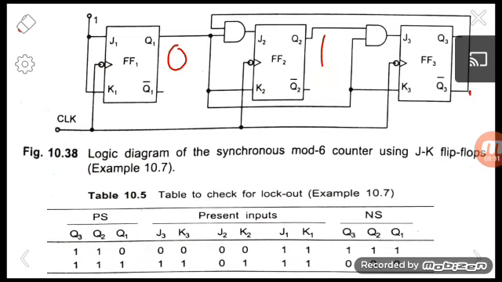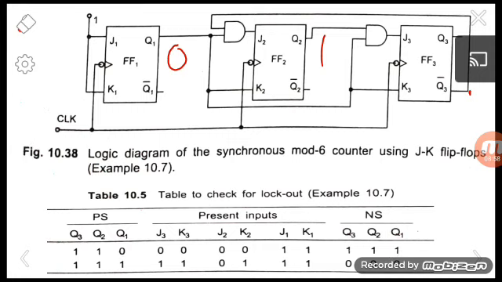First, J1 is 1, K1 is 1, and the present value of Q1 is 0. When J1 is 1 and K1 is 1, the toggle condition applies based on the truth table of the JK flip-flop, so Q1 will change to 1.